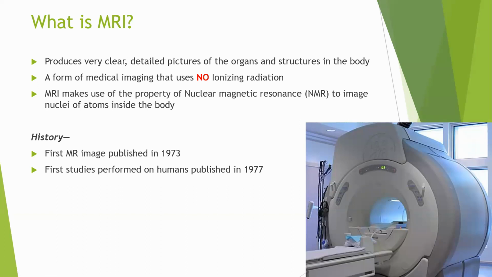Just a little bit of history. The first MRI scan of an animal, a mouse or a rat, was published in 1973, and 4 years later, in 1977, human studies were published under MR scans. And this is a comparatively newer MRI that you can see, because it has thinned out a lot.